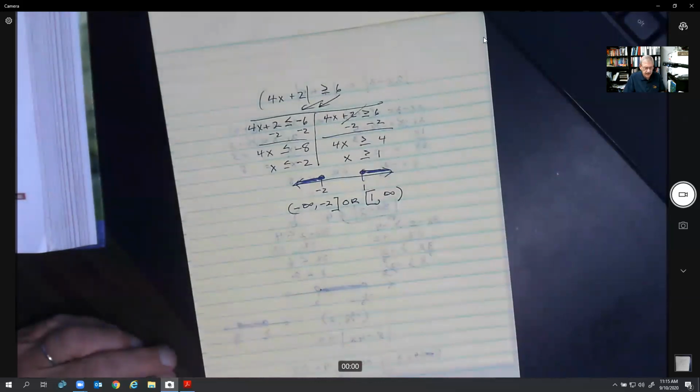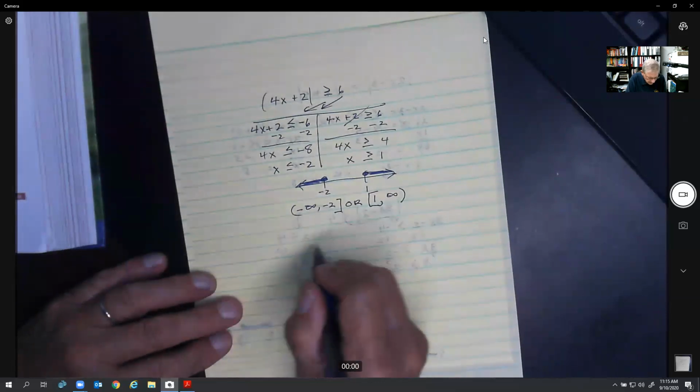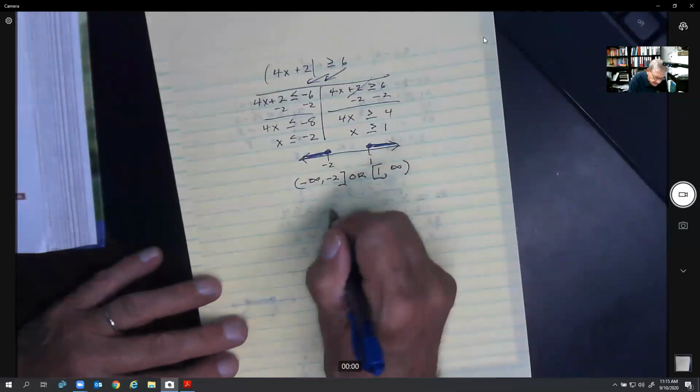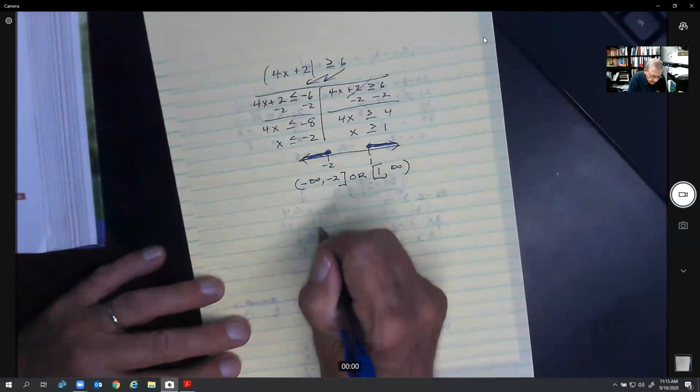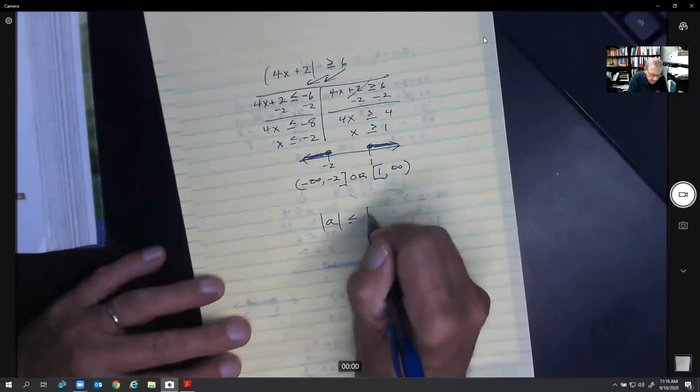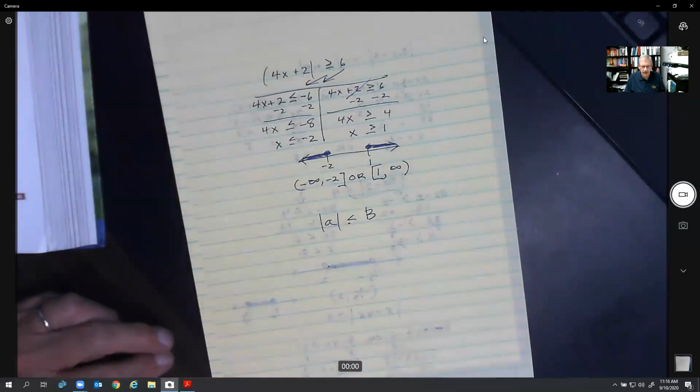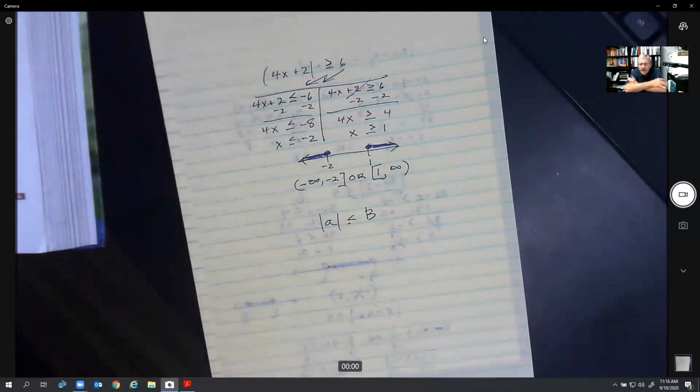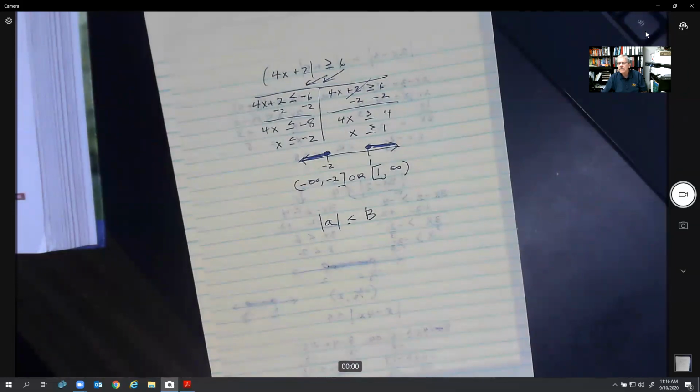Okay. Now, I'm going to show you something on these absolute values. If they're less than the absolute value, say less than b. If it's less than some number, it's always like, I don't know if you can see my arms, it's always like in between. It's cold. Let's see if I can make this bigger.